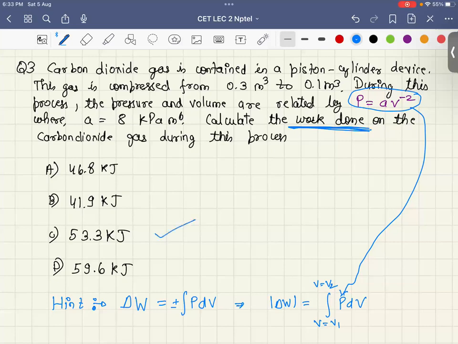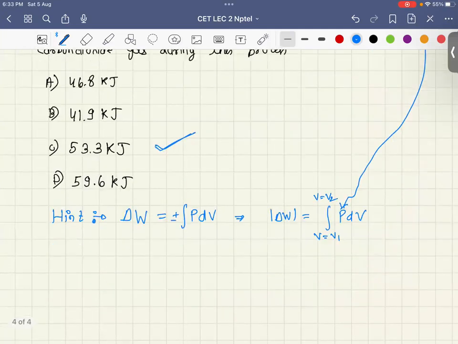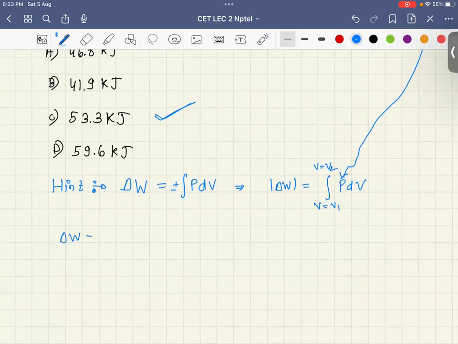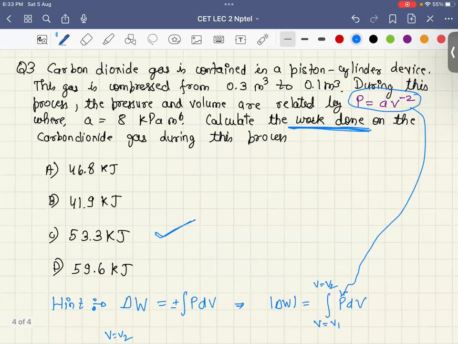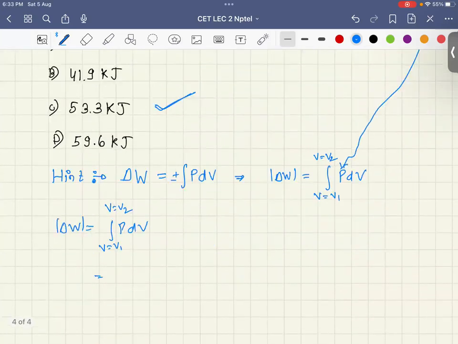The correct answer is option C. Did anybody get it? So mod of delta W is nothing but integral PdV from V is equal to V1 to V is equal to V2, right? What are we given? We are given P as A by V square, right?